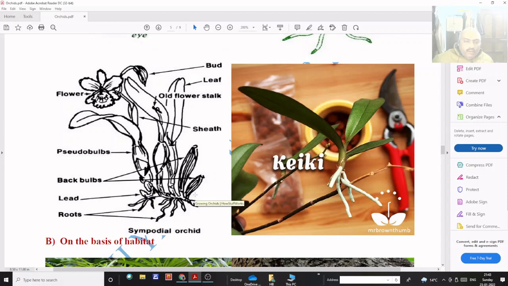The older pseudobulbs, which have less physiological activity, are inactive and are known as back bulbs.